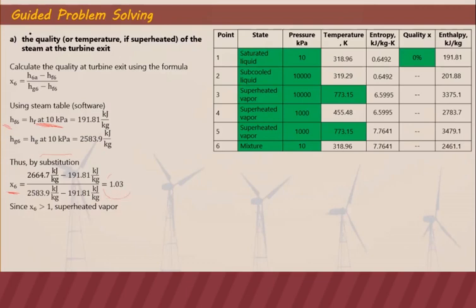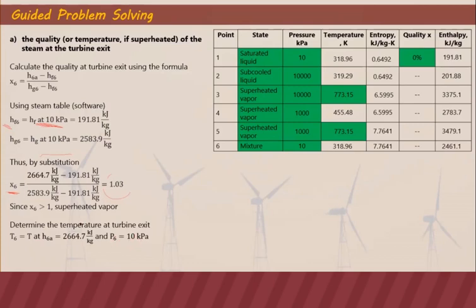So we need to compute the temperature at the exit of the turbine, because it is superheated. To determine it, since it's a superheated vapor, we're going to look for the temperature at H6A, which is 2664.7, using also the pressure at point 6, which is 10 kPa.